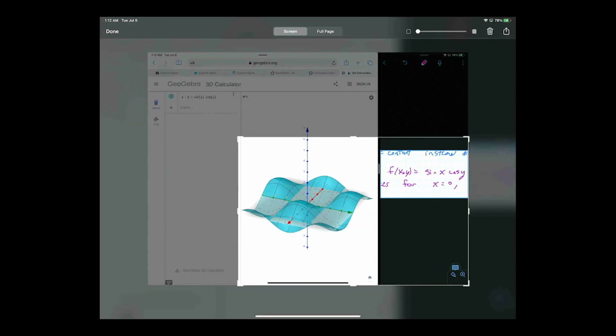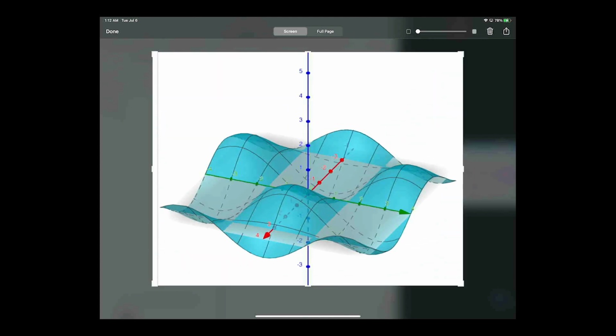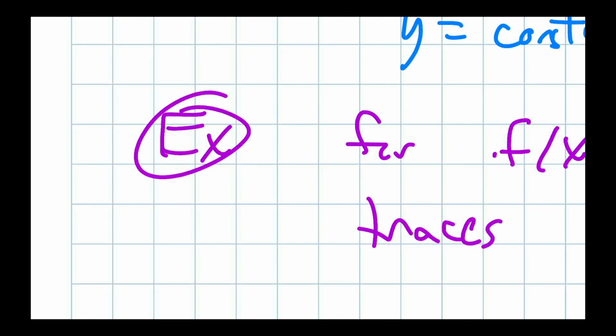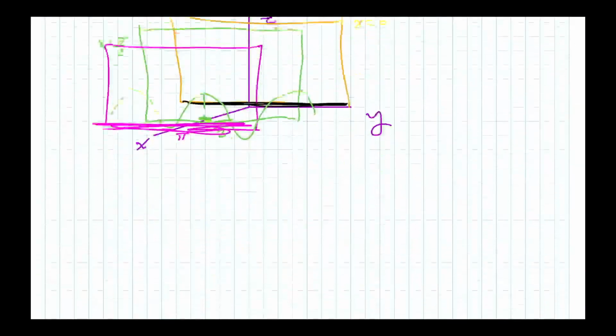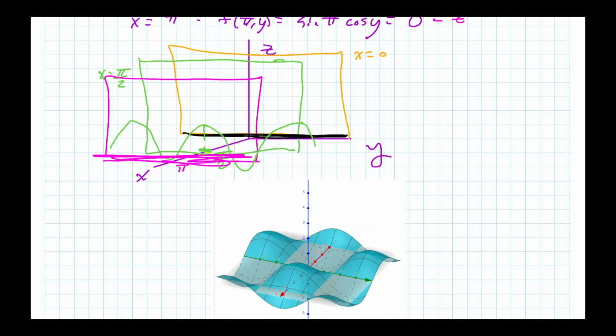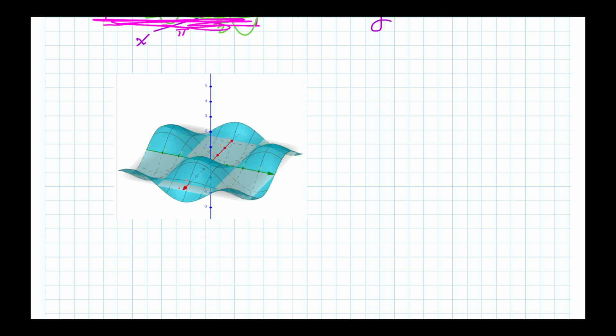So let's just freeze this so I can draw on it. Done. Save to photos. Okay, boom. There it is. A lot of work to go through, but this way we can draw on it.